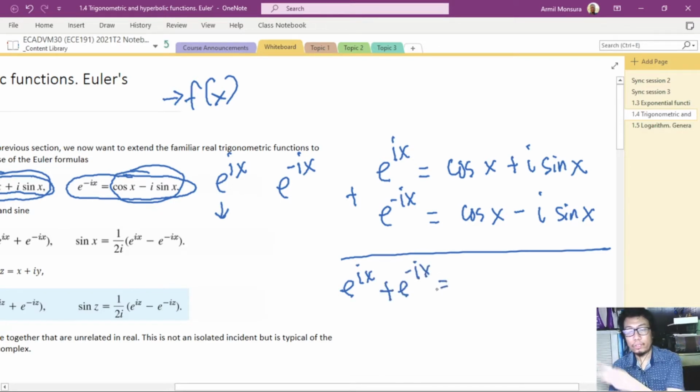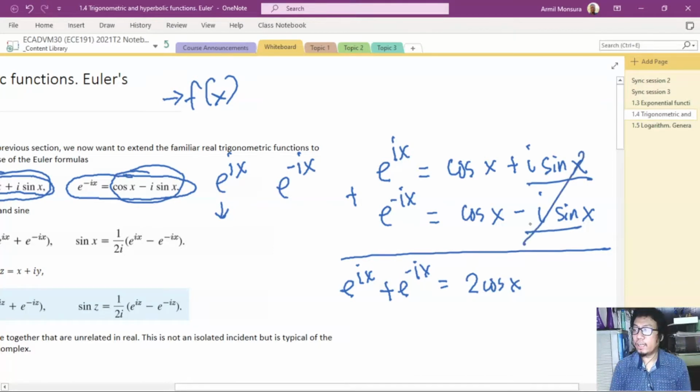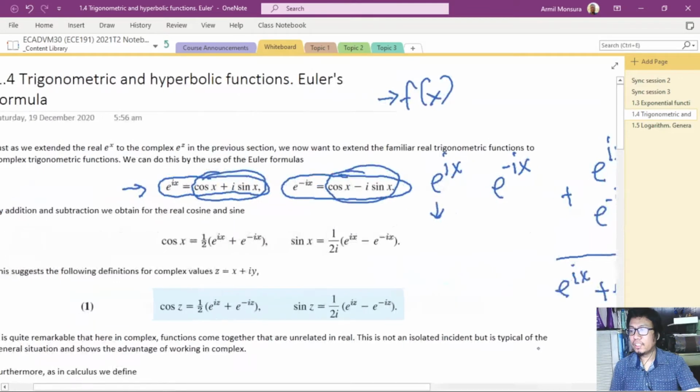On the right side, the sum would be simply 2 cosine of x, because the sine terms cancel, resulting in 0. So what is retained is 2 cosine of x. Then we solve this for cosine of x: we have 1/2 times e raised to ix plus e raised to negative ix, which is what is depicted here.